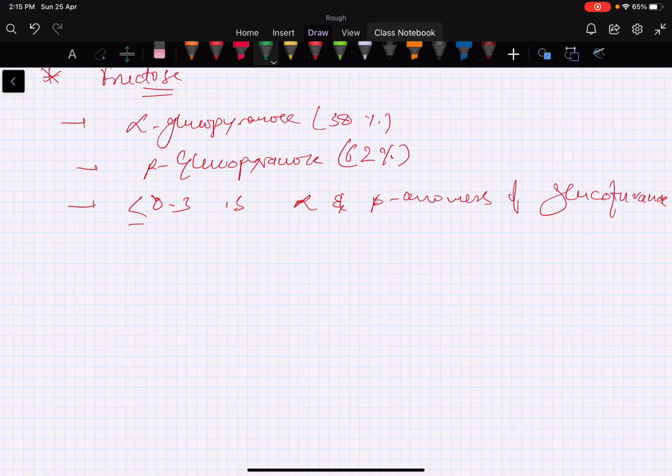Just to give you a brief introduction to anomerism, here is alpha D fructopyranose, and here we will have beta D fructopyranose.